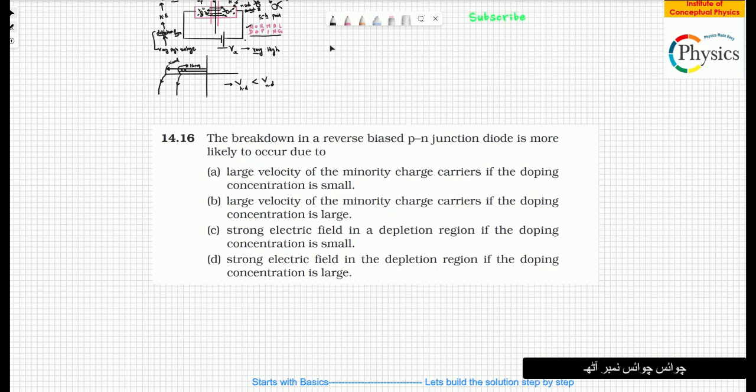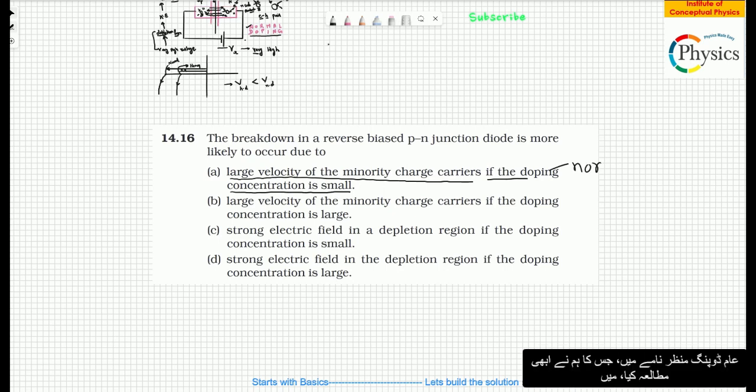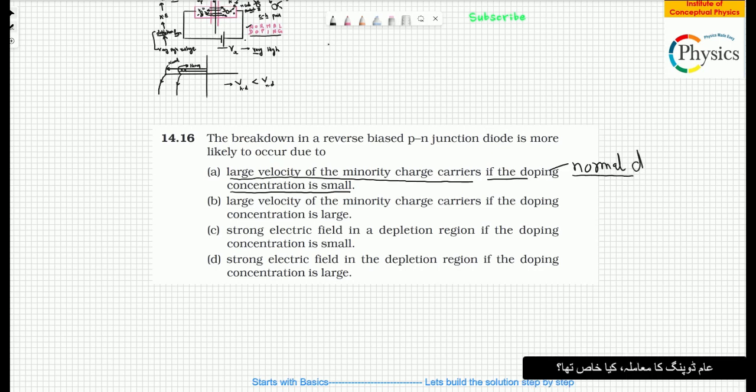Okay, choices. Choice number A: large velocity of the minority charge carriers if the doping concentration is small, which means the normal one, right? In the normal doping scenario, which we just studied, what was so special? The high voltage was used.